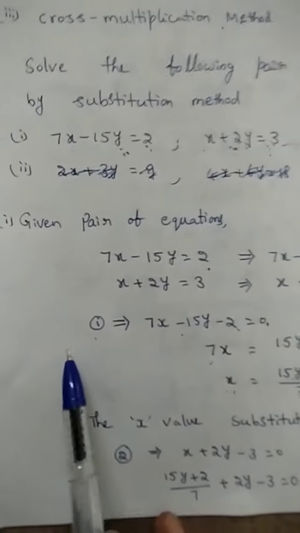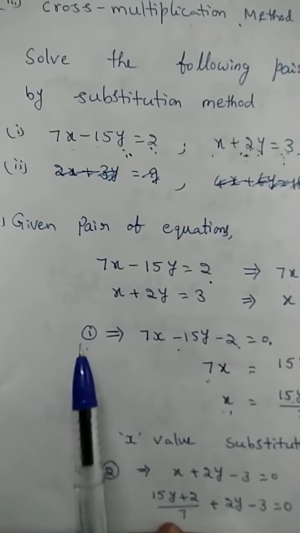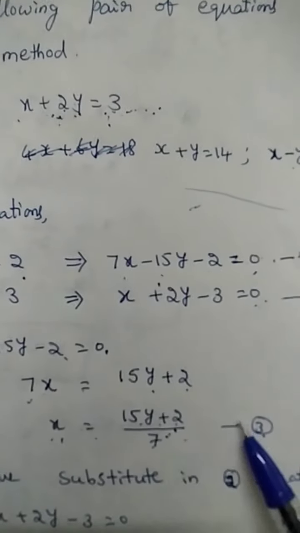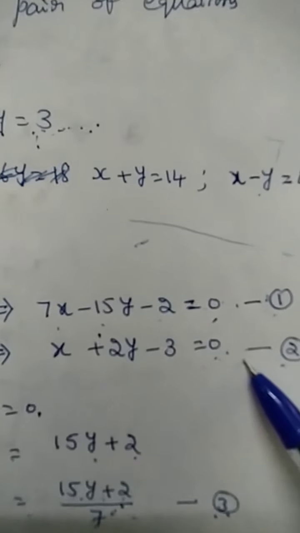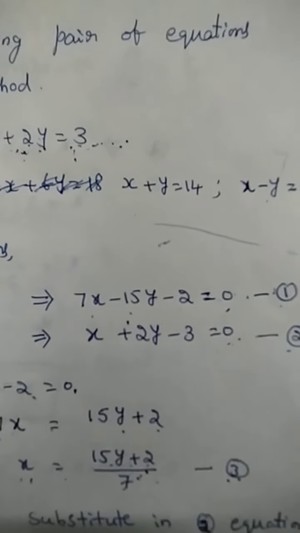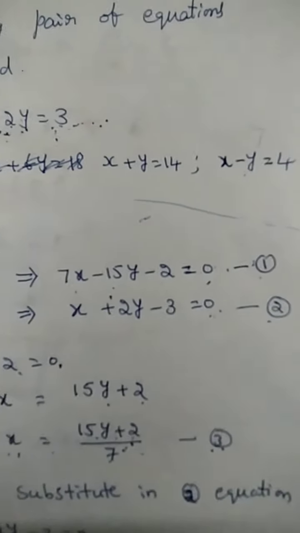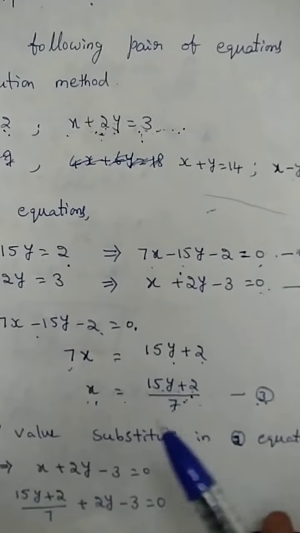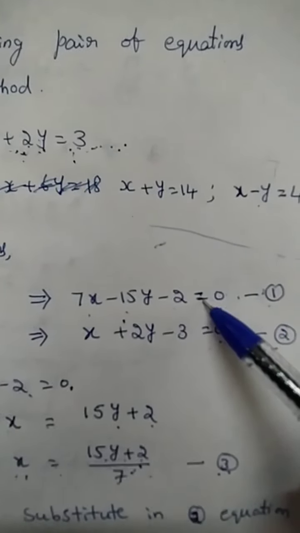Why? Because first of all, we took the first equation and changed it as x is equal to something, so automatically that result is to be substituted in the second equation. If we substitute that in the first equation, we do not get any result. If we take the second equation and change it as x is equal to something, that result is to be substituted in the first equation.